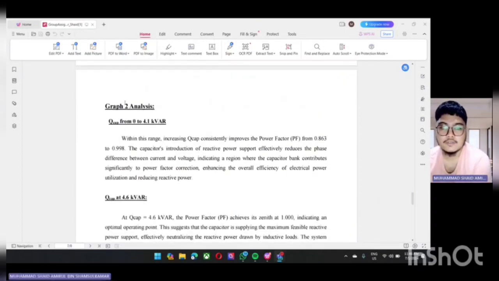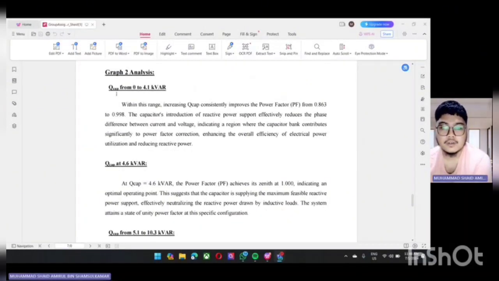So for graph 2 analysis, Q cap from 0 to 4.1 kVAR. Within this range, increasing Q cap consistently improves the power factor from 0.863 to 0.998.